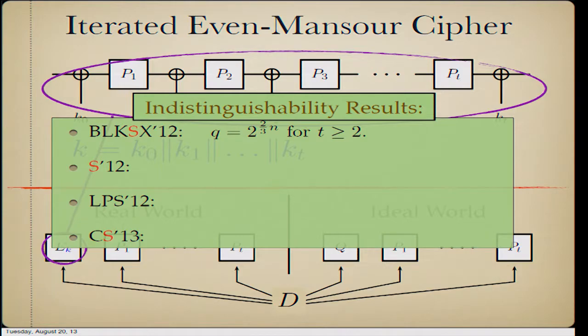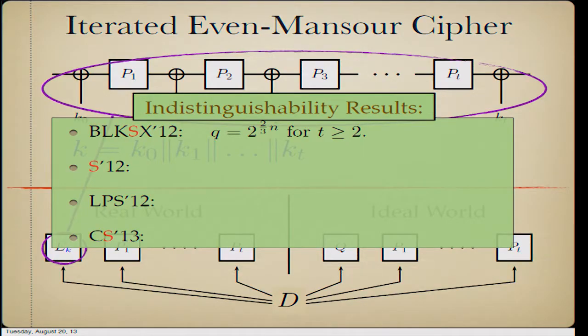So results on this go as follows. Even-Mansour goes back to 1991, but for some reason, looking at T greater than or equal to 2, people took a while to realize this was an interesting question. The first results are from 2012, strangely. Bogdanov and co-authors improved the 1/2 times n to 2/3 times n for T greater than or equal to 2.